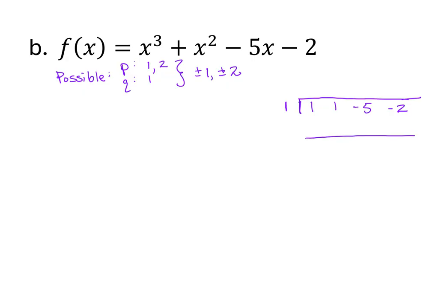And so if we do this, we have 1. We bring down our 1, we multiply, we get 1. We add, we get 2. We multiply it, we get 2. We add, we get negative 3. We multiply, we get negative 3. And this is equal to negative 5. Not what I want.